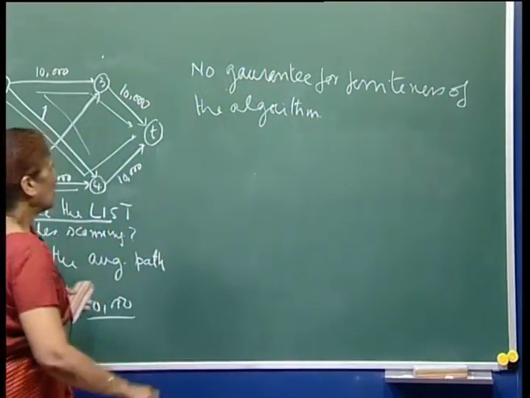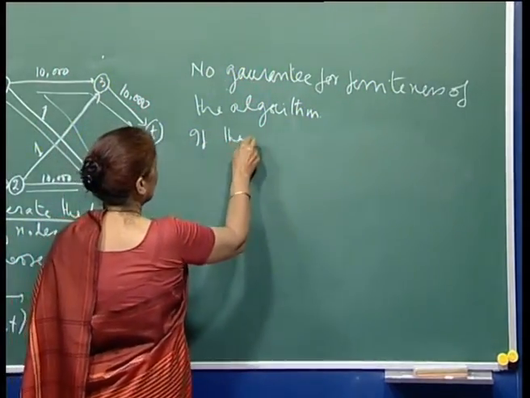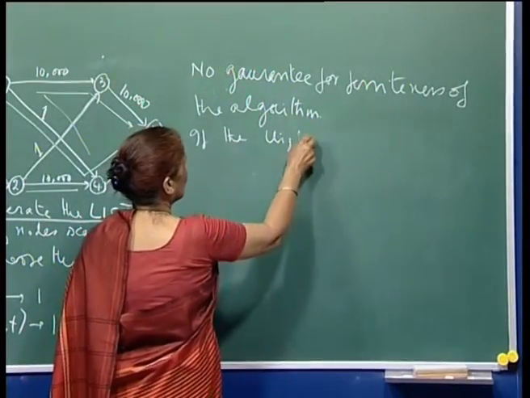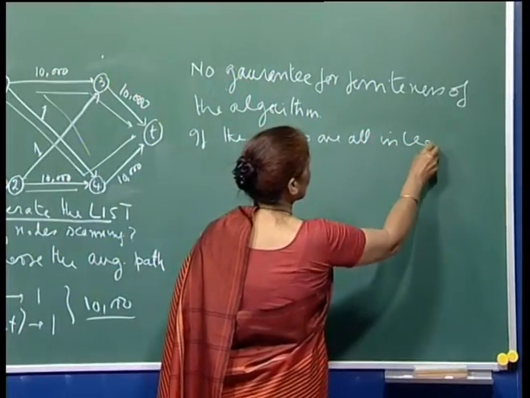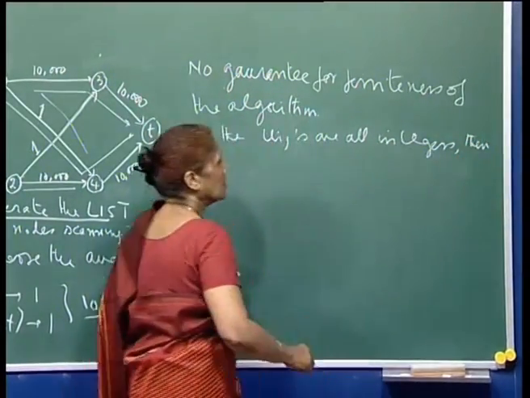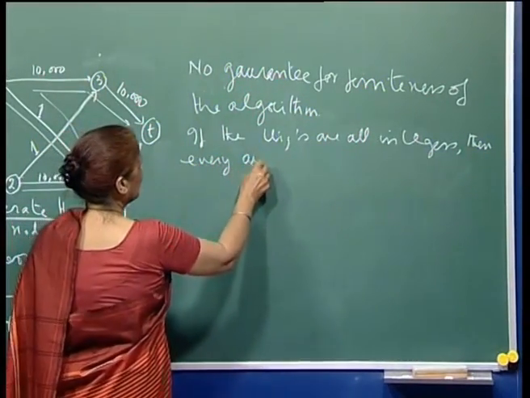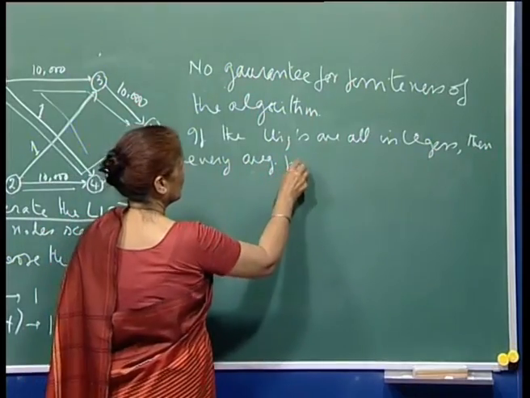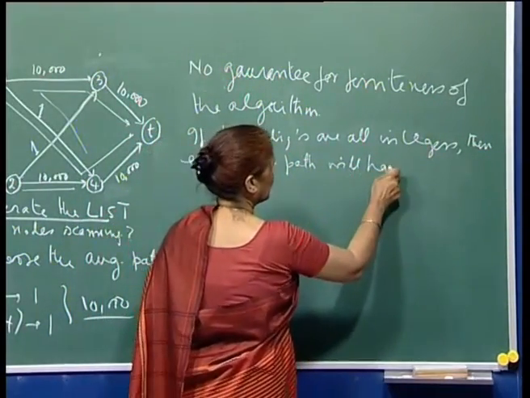Okay. Now, of course, if the uij's are all integers, then every augmenting path will have integer capacity, right.